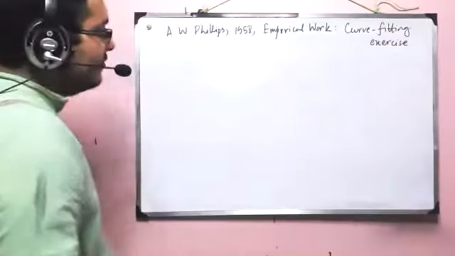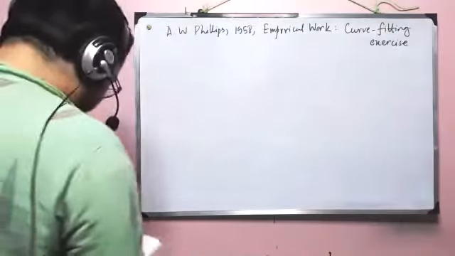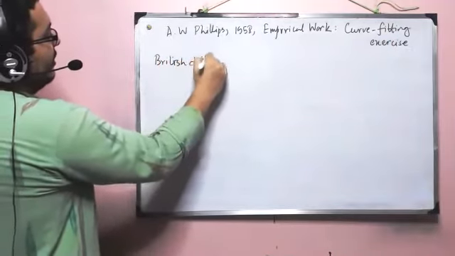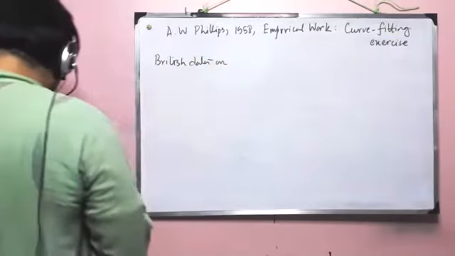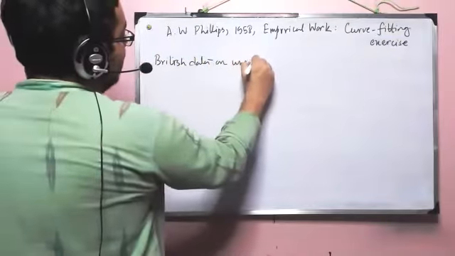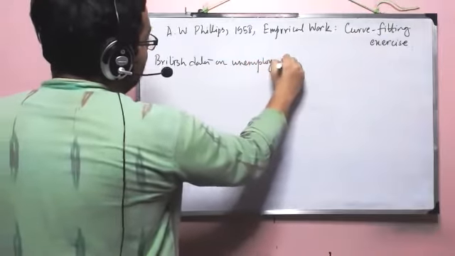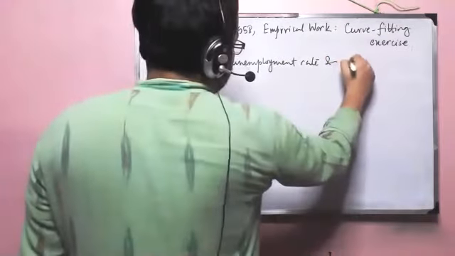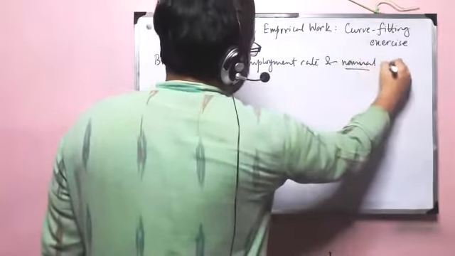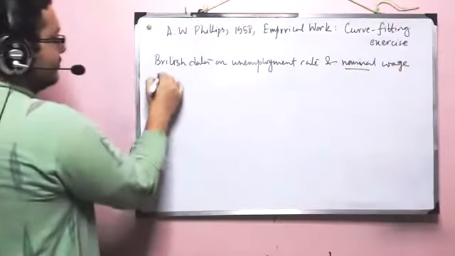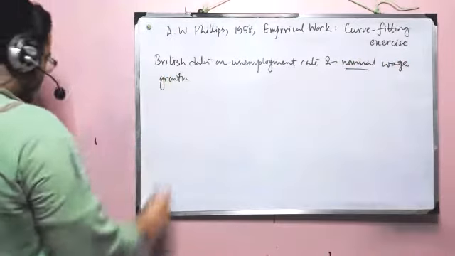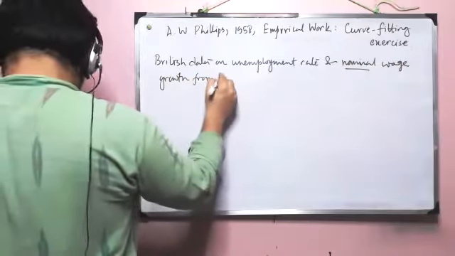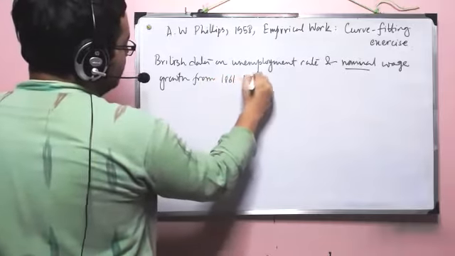So it was a curve fitting exercise on what? There was British data on unemployment rate and nominal wage growth. This is very important, nominal wage growth. The data was from 1861 to 1957.